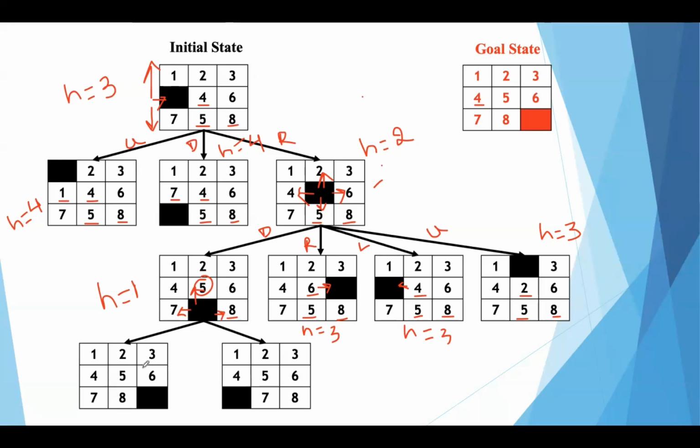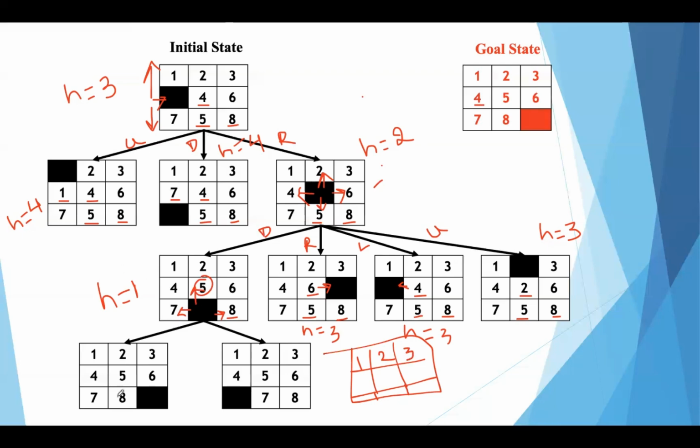Then why I considered only two possibilities? So let me take the third possibility also so that you'll get clarity. Third possibility. Okay. 1, 2, 3.